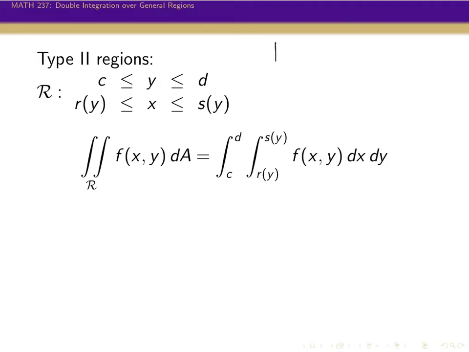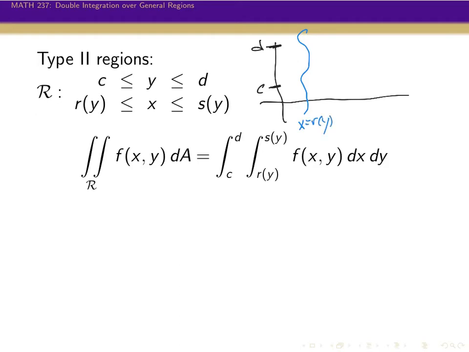Right? So if we're drawing out the region, so now for y, we have nice bounds for the y values that appear. Okay, and then in between those y values, we have two functions of x is equal to a function of y. And so r of y looks something like that.